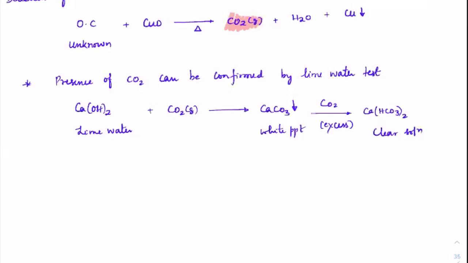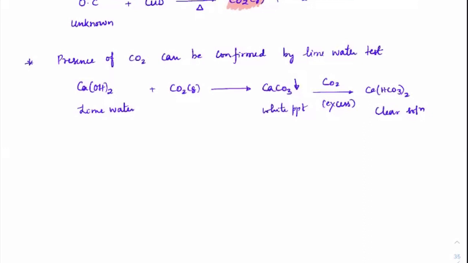Whatever water is coming, if you take this steam, or you can cool it down and collect that water also, we will pass it through copper sulfate. Anhydrous copper sulfate consists of white color crystals.